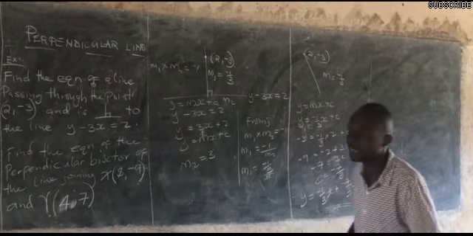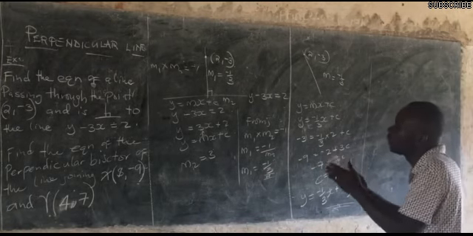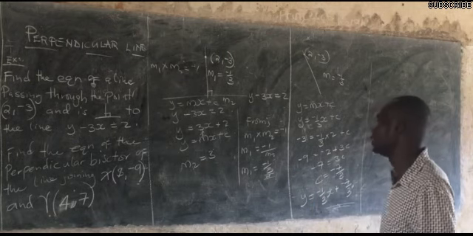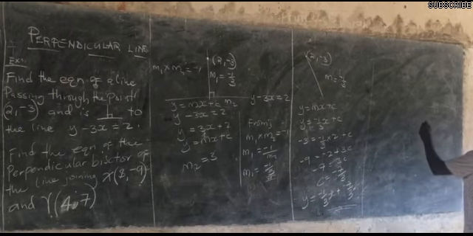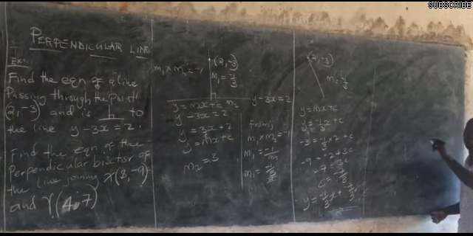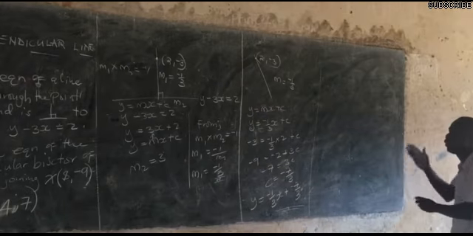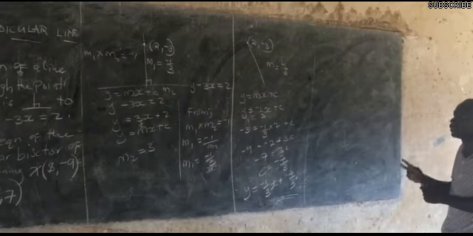Looking at our second and very last example, which says find the equation of the perpendicular bisector of the line joining x and y. So there is a line, what we call a perpendicular bisector. Now a perpendicular bisector is always a point or a line, but this line will always divide a line into two equal parts.